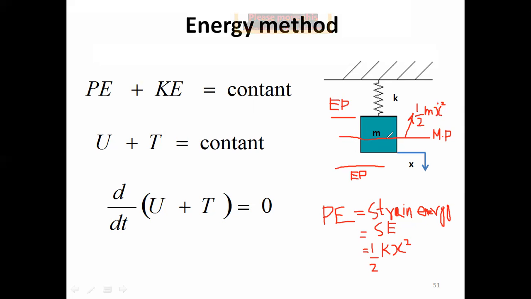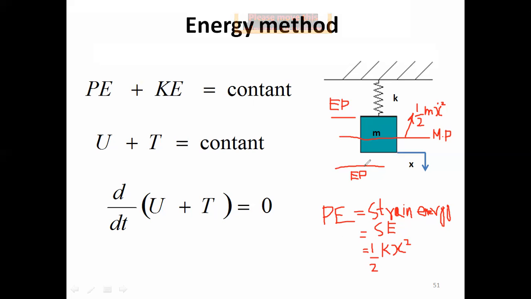At the mean position, the strain energy would be zero, because at this position the spring would be neither stretched nor compressed. So it would have zero force, zero strain. x would be zero here.